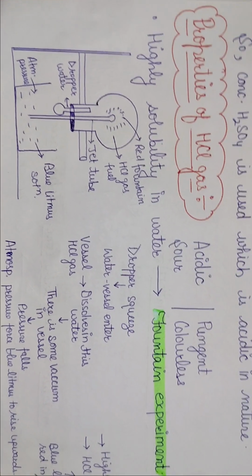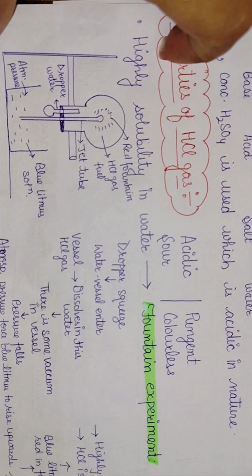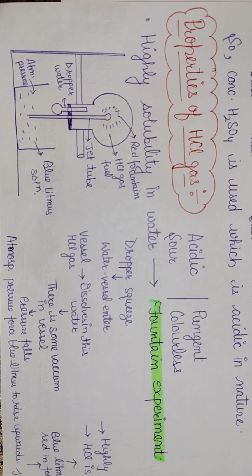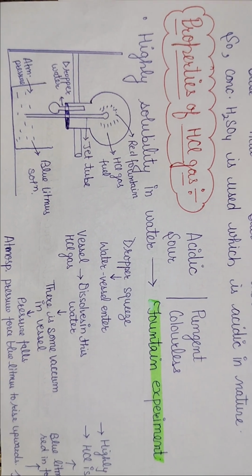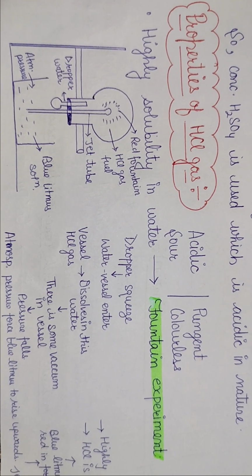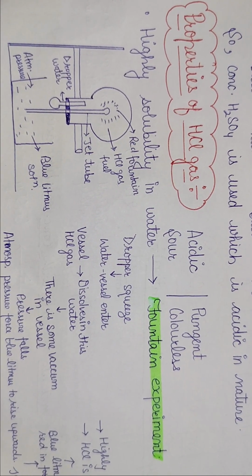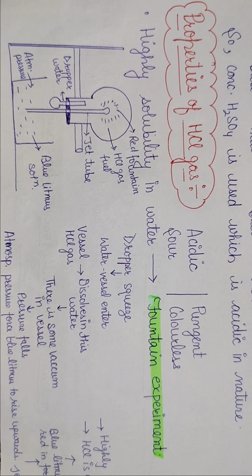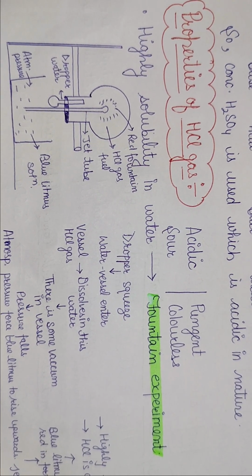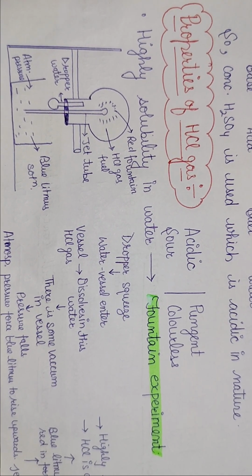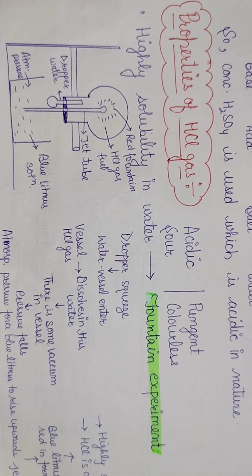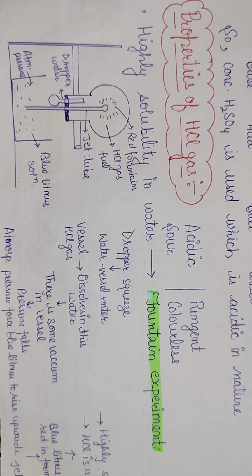You can clearly see here I am preparing the apparatus, or here I am drawing this experiment. We are using a dropper in which we add some water, and in the beaker we add blue litmus solution plus water, and here we are using a jet tube, and then the red fountain occurs.